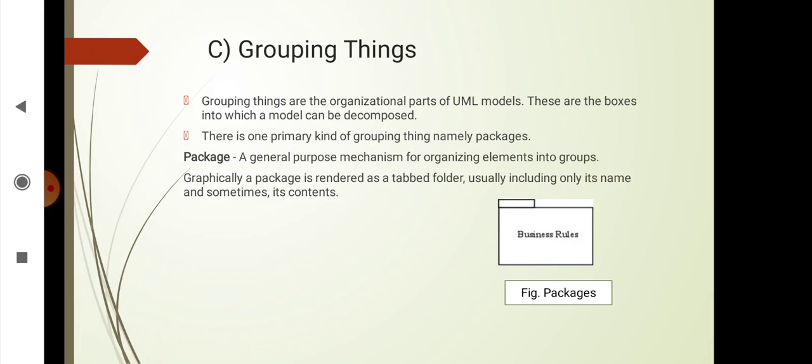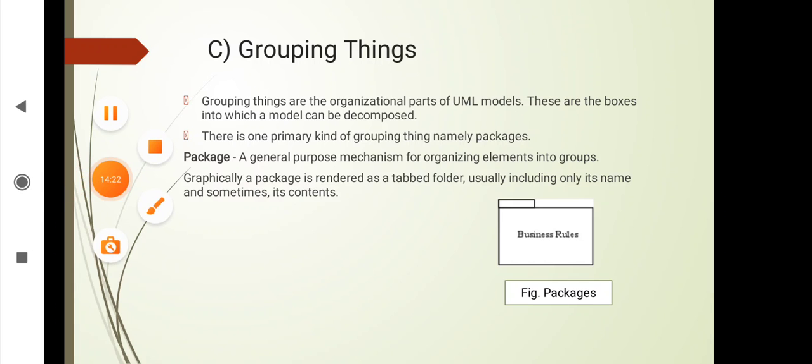Then the third type is grouping things. Grouping things are the organizational part of UML models, and these are the boxes into which a model can be decomposed. There is one primary kind of grouping thing, namely the package. A package is a general purpose mechanism for organizing elements into groups, and graphically a package is rendered as a tabbed folder.